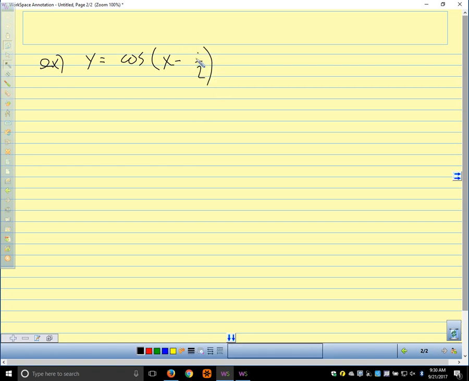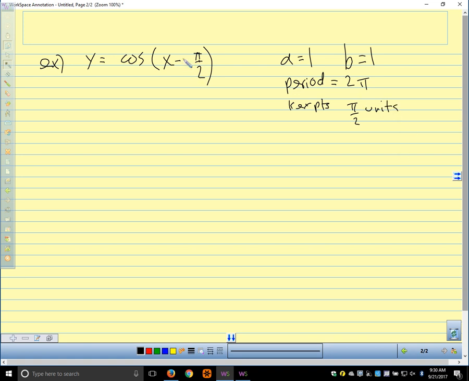So what I usually do, or the way I think about these, is this one we don't really need to worry about the amplitude and that kind of thing, but I'll just write it out just to make everything explicit. Amplitude is 1, b is 1, so our period is 2 pi. We get our key points every quarter period, so every pi over 2 units.